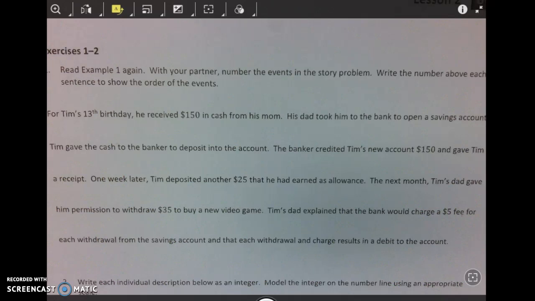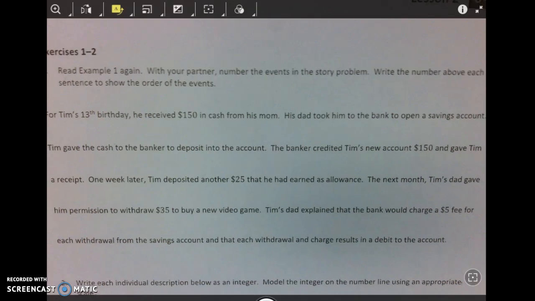The next month, Tim's dad gave him permission to withdraw $35 to buy a new video game. Tim's dad explained that the bank would charge a $5 fee for each withdrawal from the savings account, and that each withdrawal and charge results in a debit to the account.